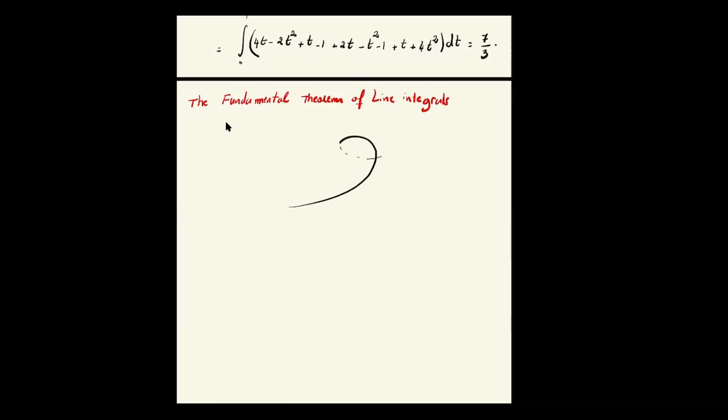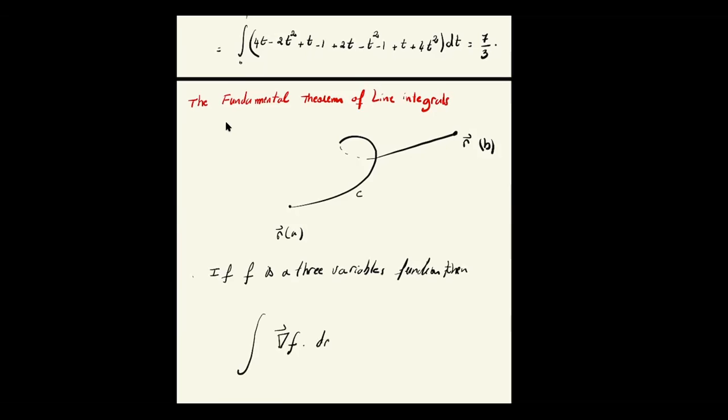If you have a curve from r(a) to r(b), and f is a three-variable function, then the integral of the gradient of the function dot dr on the curve will be equal to the integral from a to b of the gradient of f evaluated at r(t), dot r prime(t) dt, okay?